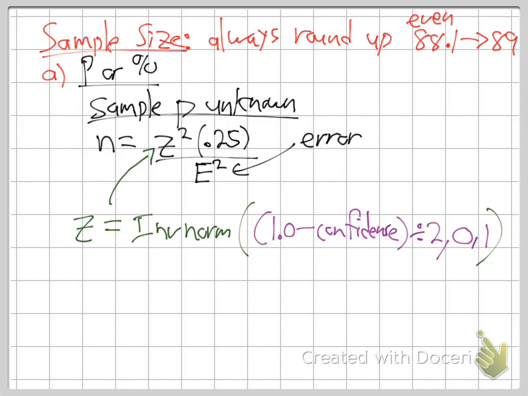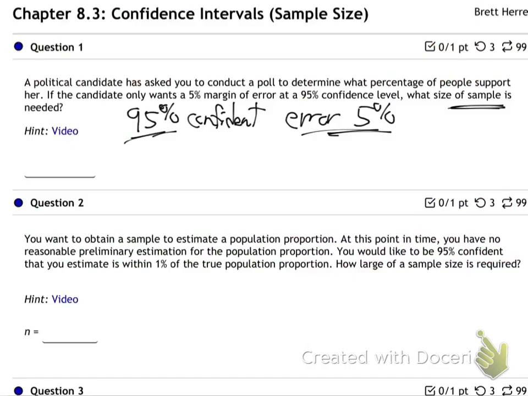So let's give it a try on this particular problem. Let's go back here. So I'm going to actually do it. They're telling me 95% confidence interval, error 5%. Okay, so here comes the formula. It's going to be N equals Z squared. Now what is the Z? How do I get the Z?